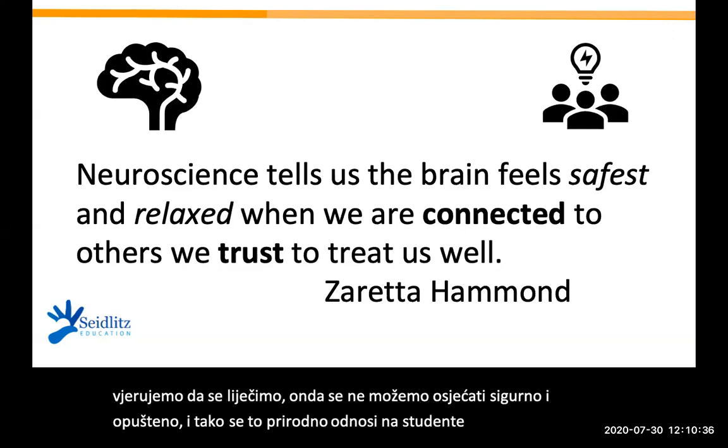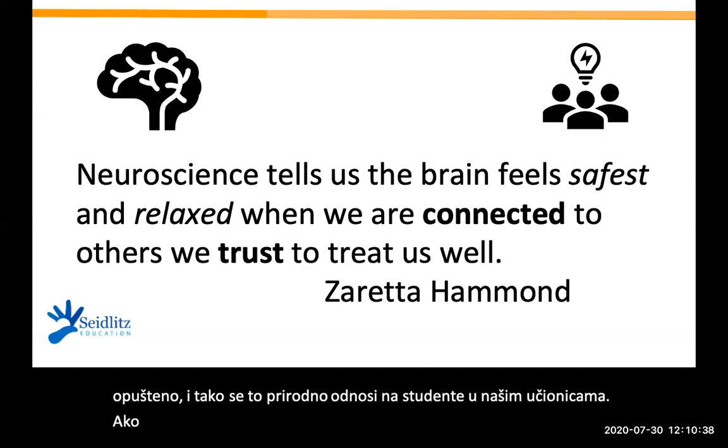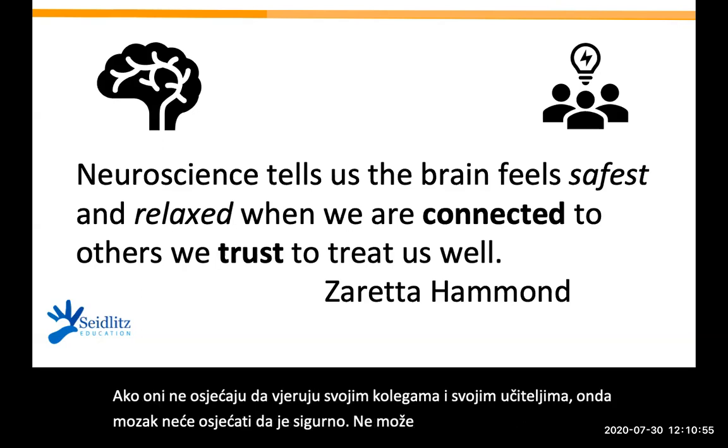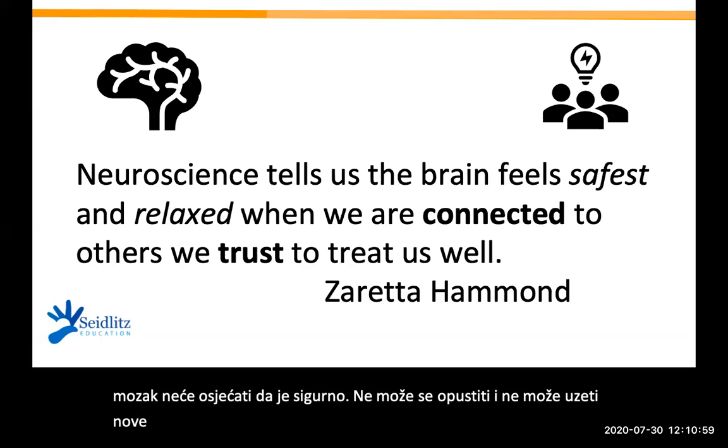If our students are not feeling safe in the classroom, if they are not feeling that they trust their classmates and their teachers, then the brain is not going to feel that it is safe, it cannot relax, and it cannot take in new information. The brain will not allow academics and language to progress.